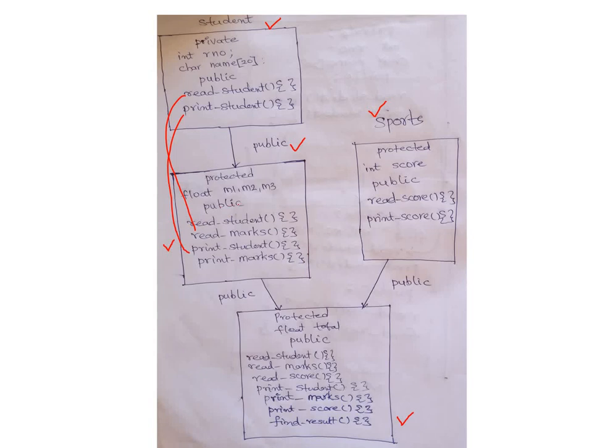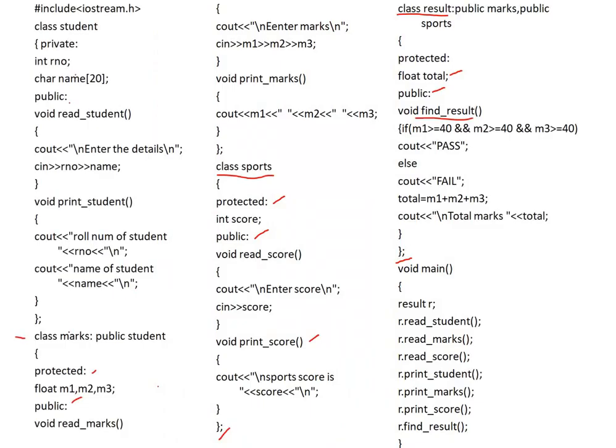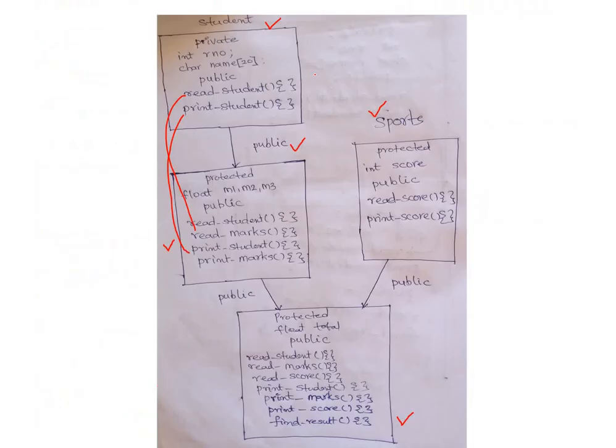Next one, look here. Now here already in the marks class we have defined read marks and print marks. Already we have defined this one, read marks and print marks, right? So already we have defined these two functions under the marks class, right?